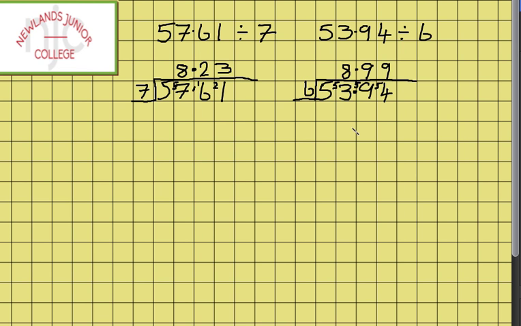Okay, let's look at a couple of questions in context. Now let's imagine that you and 5 friends go for dinner. The total bill comes to £71.94.